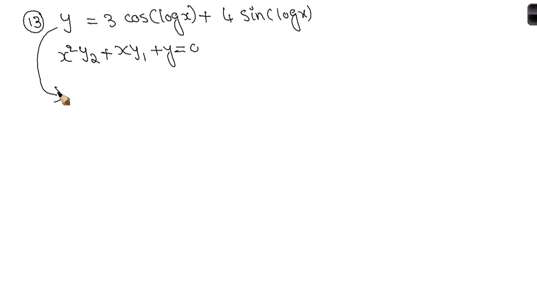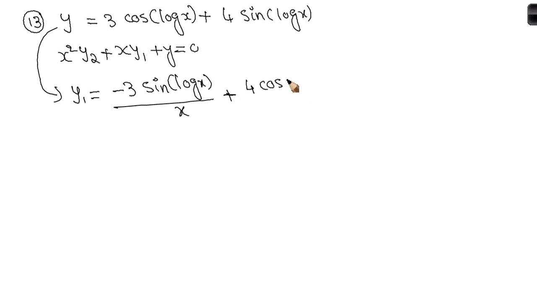Take this function, find the derivative on both sides, so y1 is equal to minus 3 sine, because cos derivative is minus sine x, into the derivative of log x, which is 1 by x, plus 4 times cos of log x into the derivative of log x, which is 1 by x.